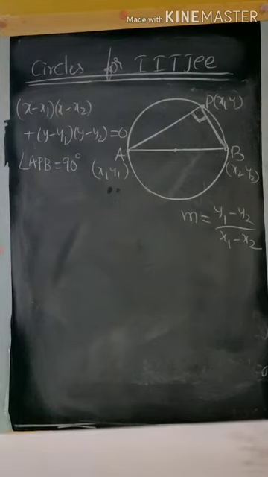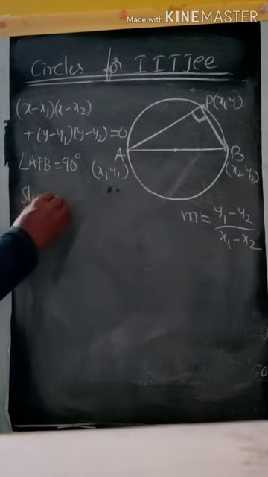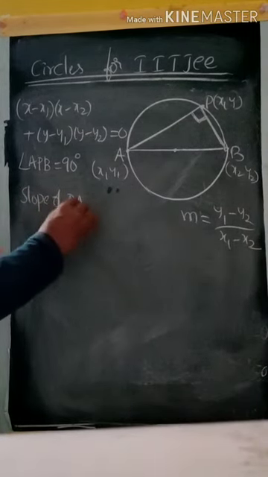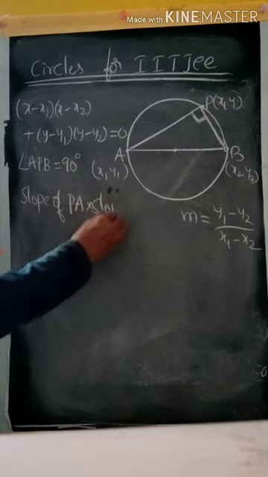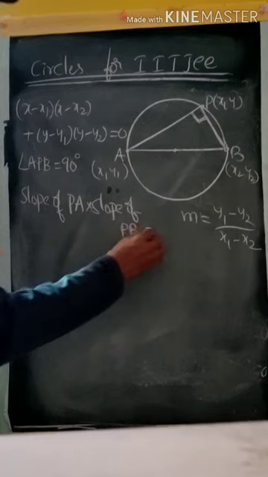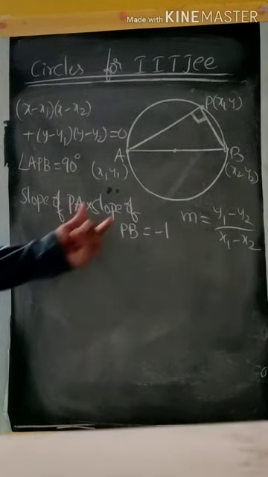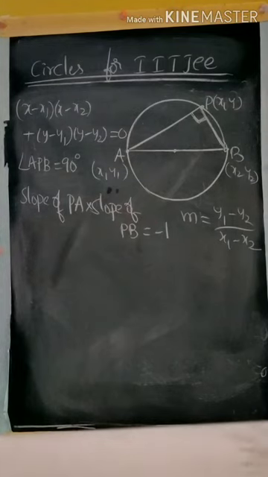So based on that formula, slope of PA into slope of PB equals -1. Very easy proof it is. Slope of PA into slope of PB equals -1.